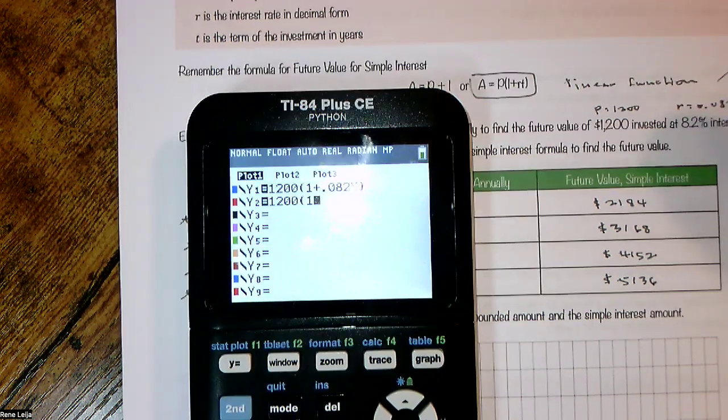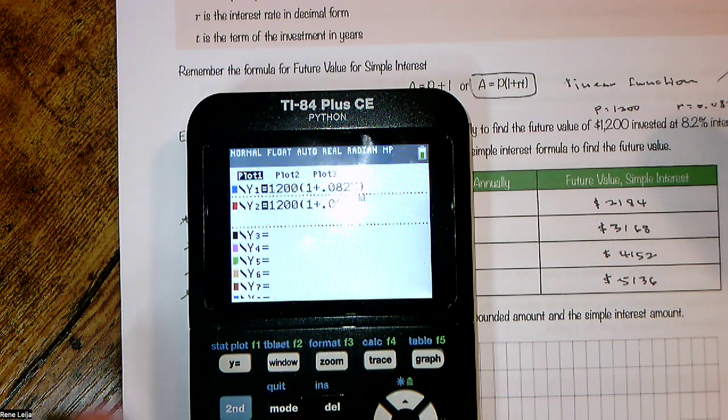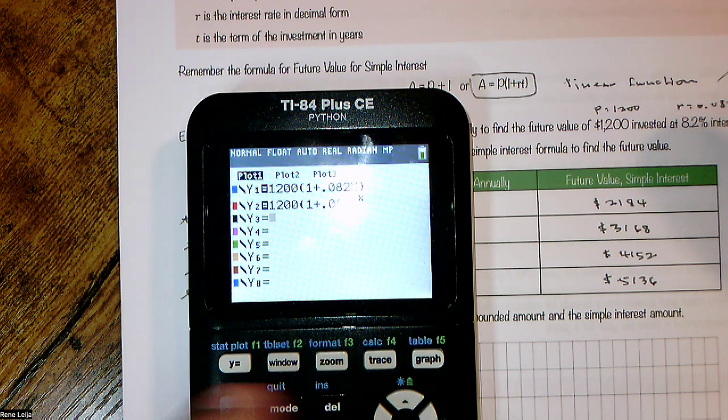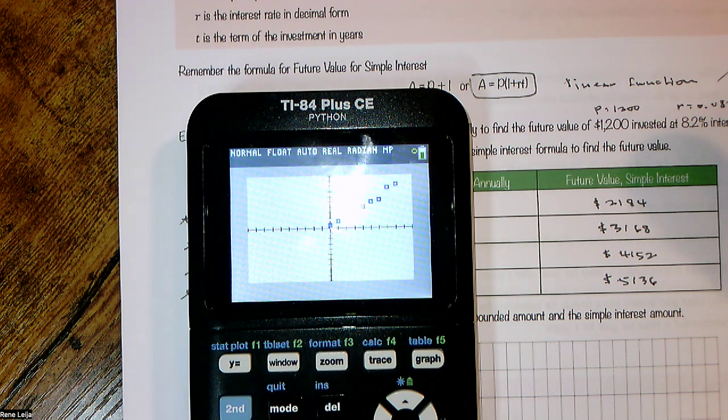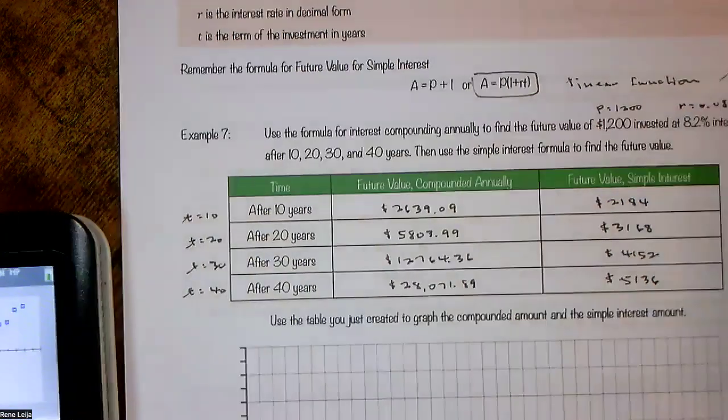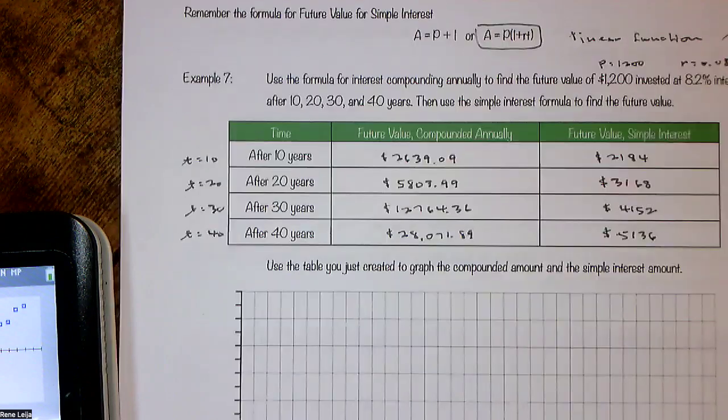So that one looks like 1.082 raised to the x power. Now let's see, zoom. Let's set it to standard. Oh, why do I have that in there? Shoot. This is from my college algebra class. Okay, well, sorry guys. I was going to show you the difference between both of these graphs.